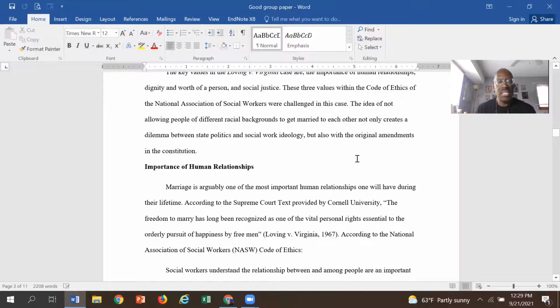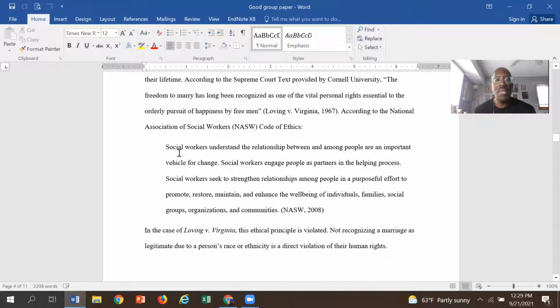So again, example of a good paper, good grammar, punctuation, all of those things you'll need to double check. Here's an example of a block cite. What happens is anytime you're citing information from a source, a publication, a book, or so forth, and it's going to be more than 40 words long, then you have to do a special indent and do it like this, and then cite it here at the end, so I'll know exactly where it came from.